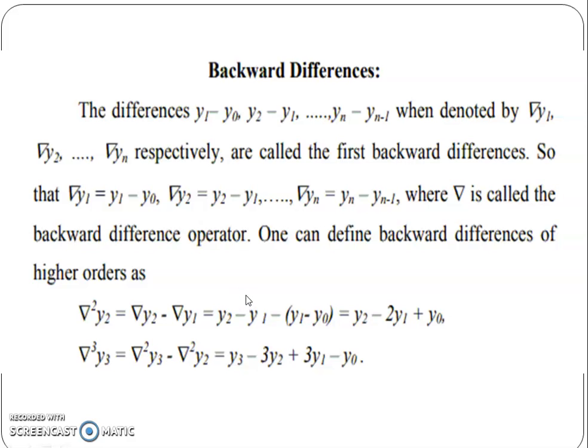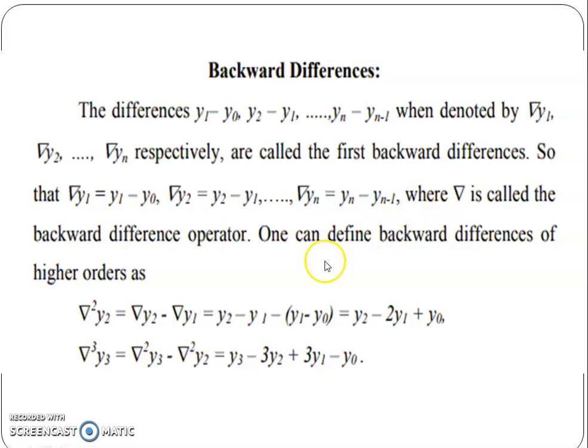Now backward difference. The differences y1 minus y0, y2 minus y1, up to yn minus yn-1 are denoted by del y1, del y2 and up to del yn. So here this is inverted del, or sometimes nabla. In short, we denote this by del, and they are called the first order backward differences.